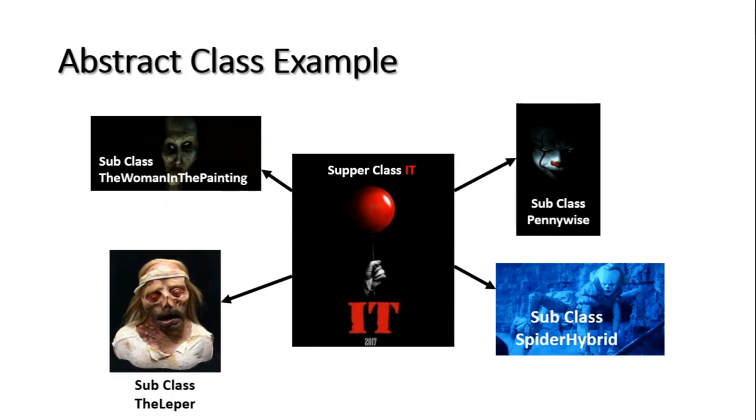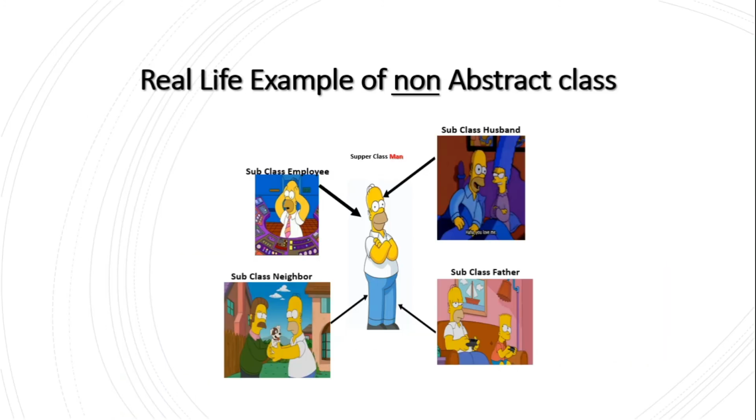Now, to make it even easier to imagine and understand, let's take an example of a situation where it's not going to be an abstract class. Let's go back to the example from the previous video. The Homer guy.